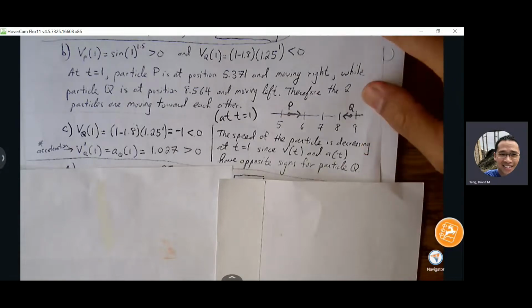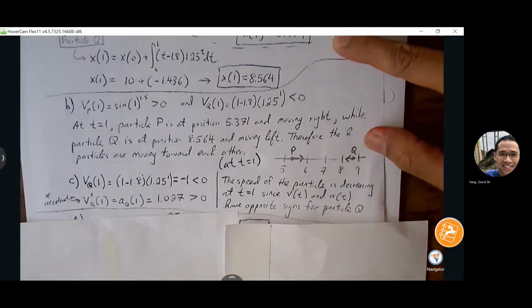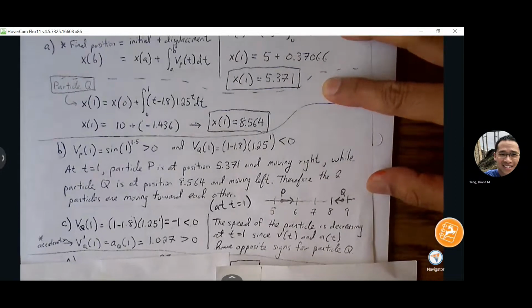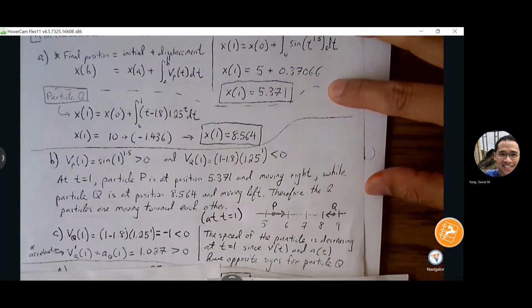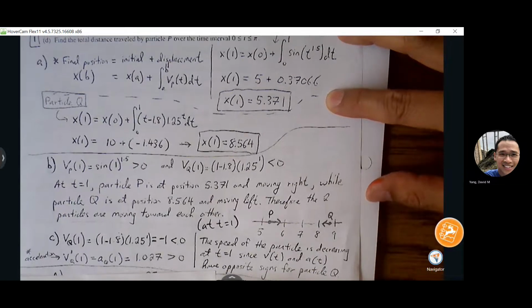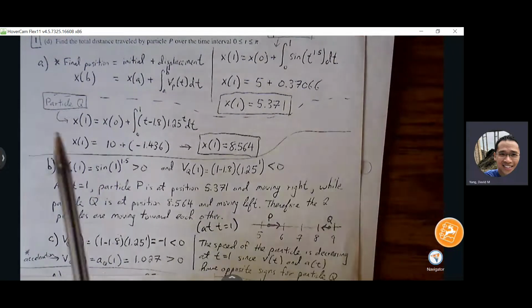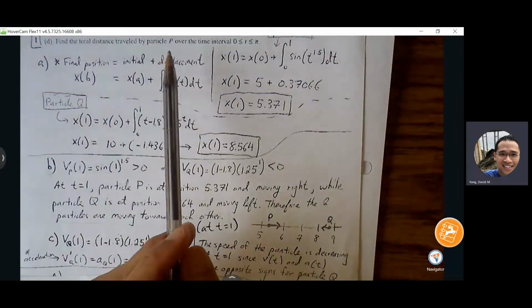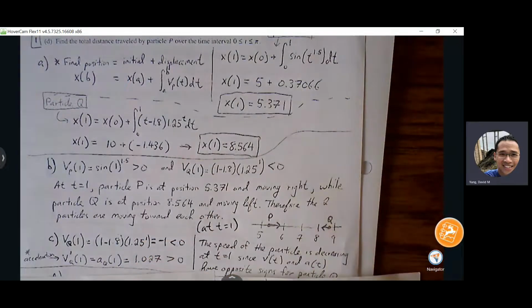Okay, part D. Part D says, find the total distance traveled by particle P over the time interval from 0 to pi. So what formula do we have for total distance?